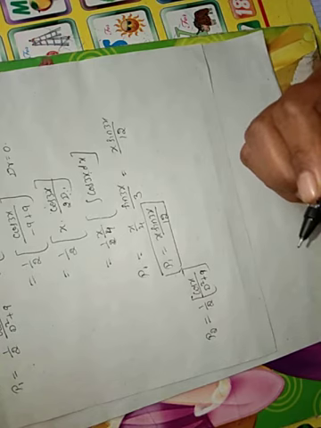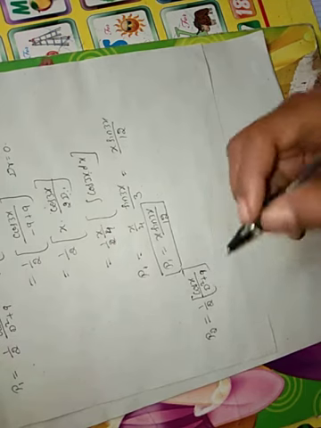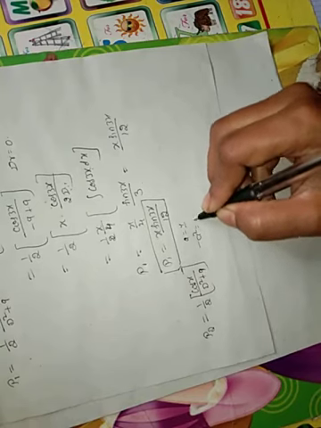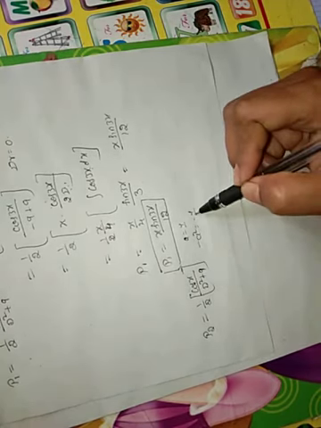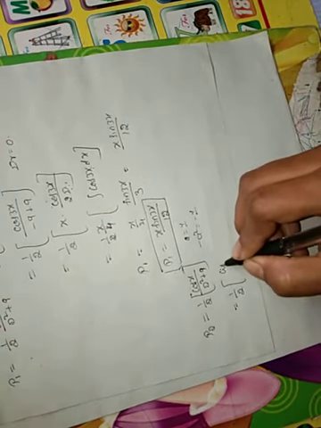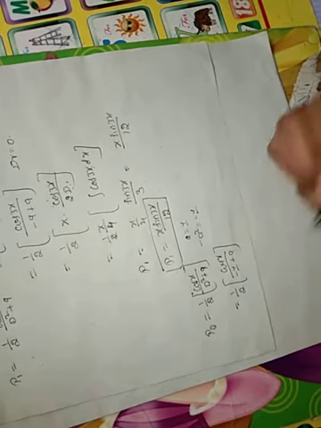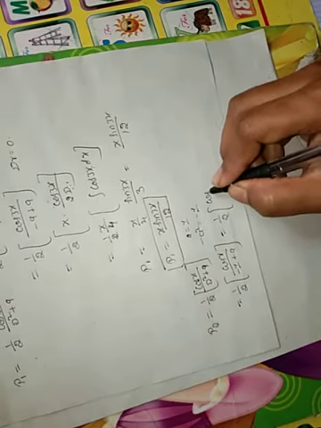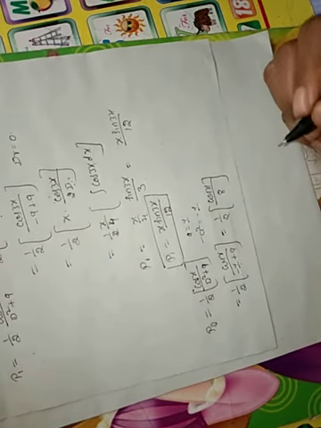So now replace D square by minus a square. Here the coefficient of x is 1, so a equal to 1. Minus a square equal to minus 1, so replace D square by minus 1. So 1 by 2 cos x divided by minus 1 plus 9, that is equal to 1 by 2 cos x divided by 8.